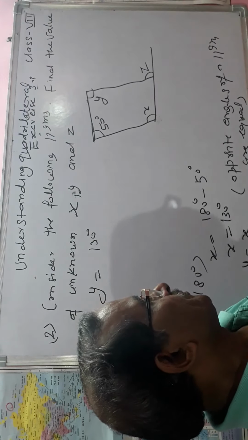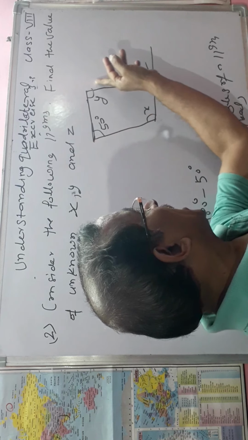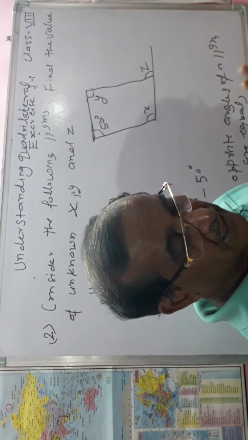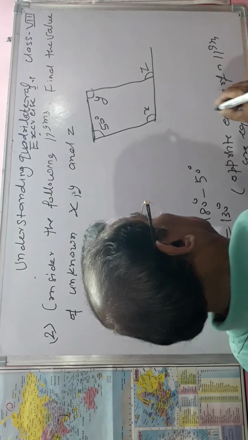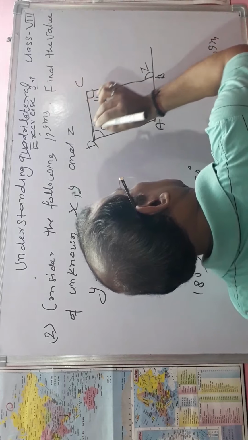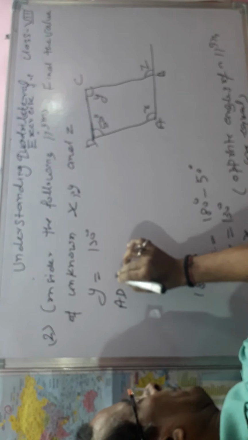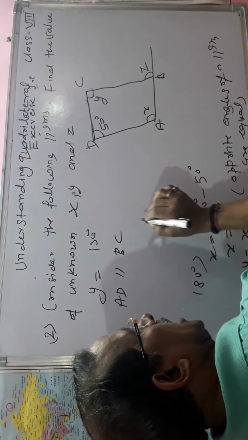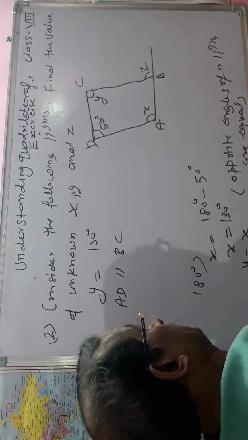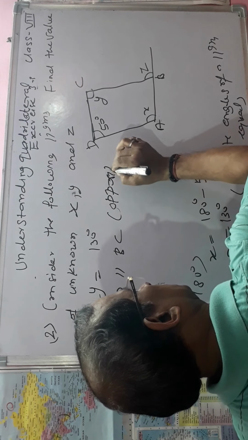Now this angle and this angle, because these lines are parallel, we can name the vertices A, B, C, D. Now we can write AD parallel to BC, opposite sides of a parallelogram.